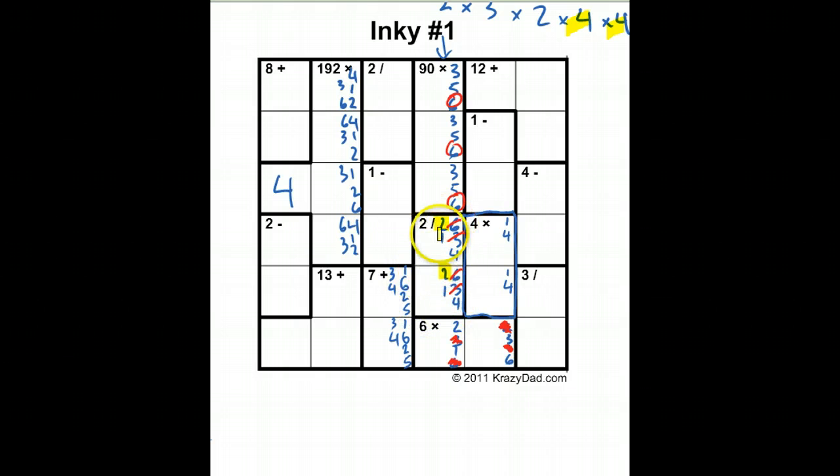Well, guess what? If a 2 must be in this cage, then a 2 cannot be here. And look at that. We've eliminated all the possibilities except that 1, which means a 1 must go over here. And if a 1 goes over here, a 6 must go over here.